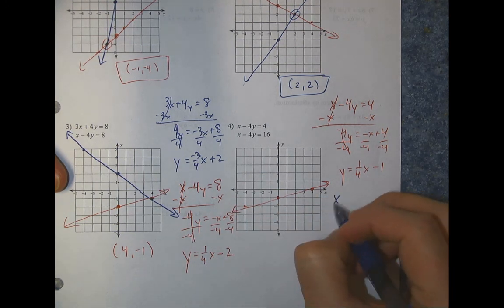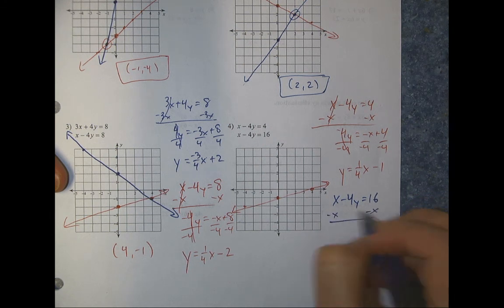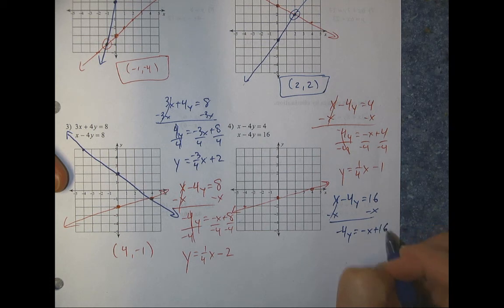In my other equation, minus the x. Divide by -4. 2 negatives make a positive. And this is going to get a -4.